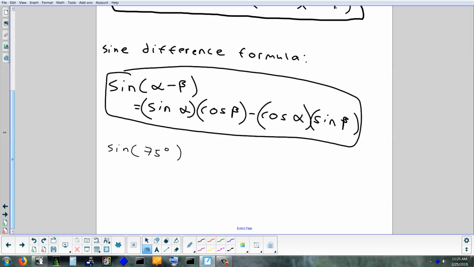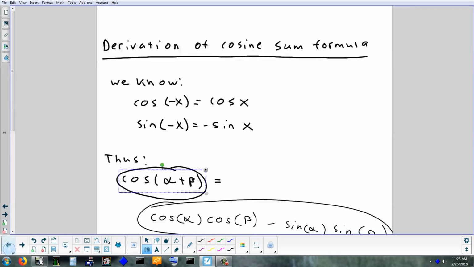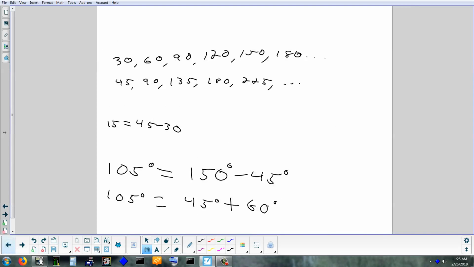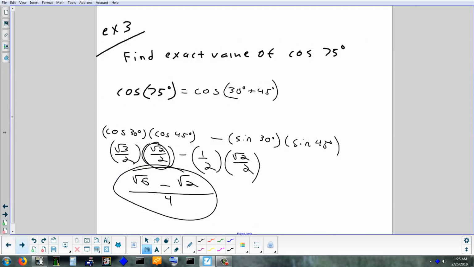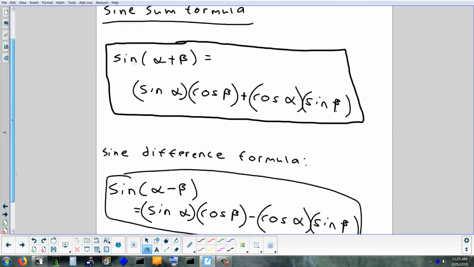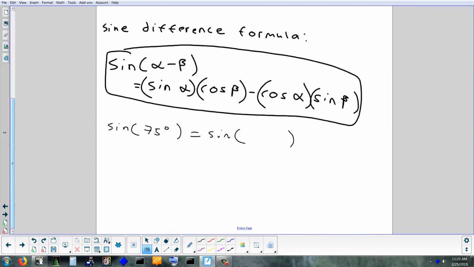So when I see 75, I don't think to do it as a difference. But you can. And I think I asked about this one earlier. How can you write 75 as a difference of two numbers? And they have to be numbers from those lists. 120 minus 45. You can do 120 minus 45. Probably not the way I would do it, but it works.